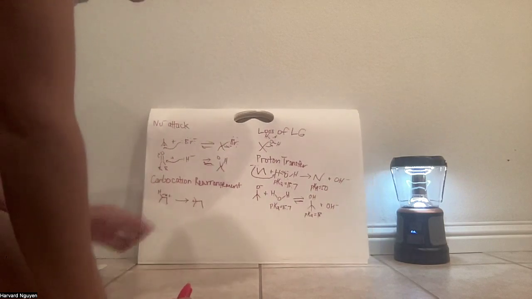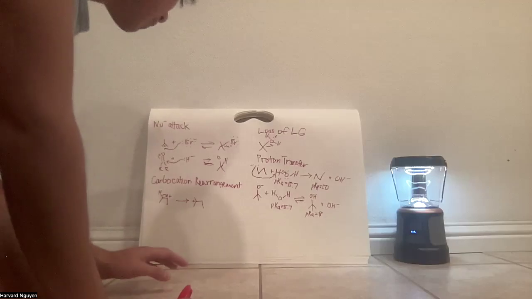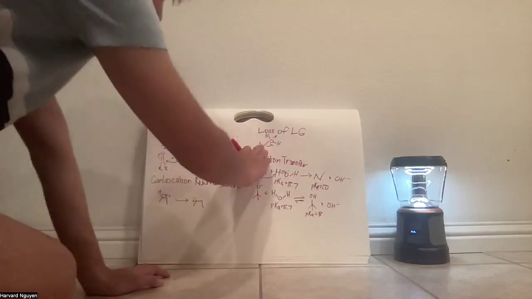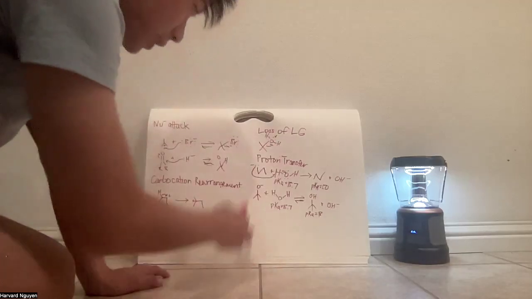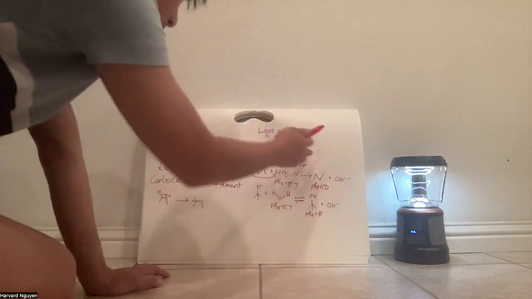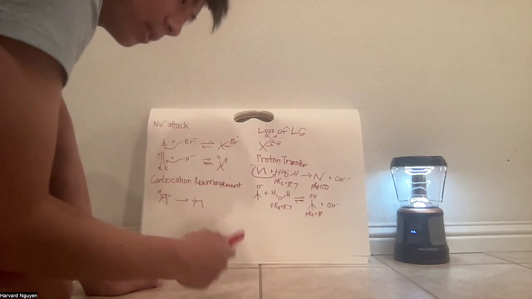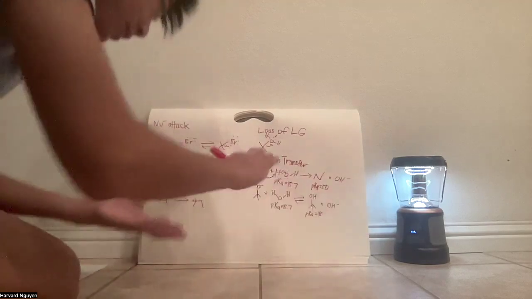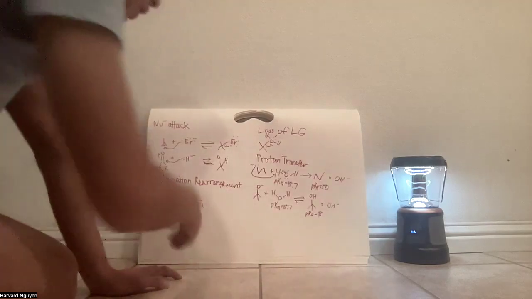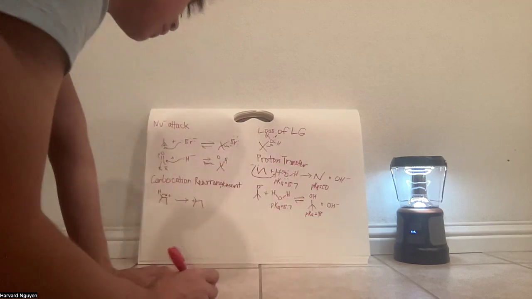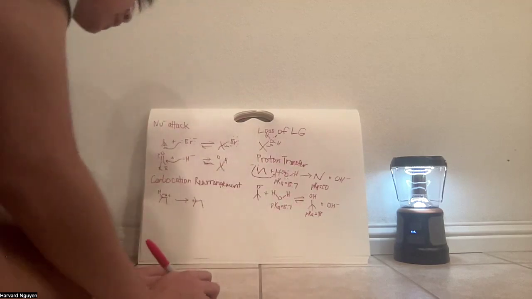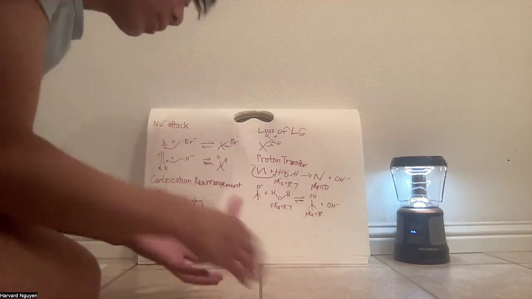Now, loss of leaving group is fairly simple, similar to nucleophilic attack. If we have a good leaving group, that means it can also function as a good nucleophile. Therefore, the reaction would be reversible. For proton transfers, for the most part, they are reversible.